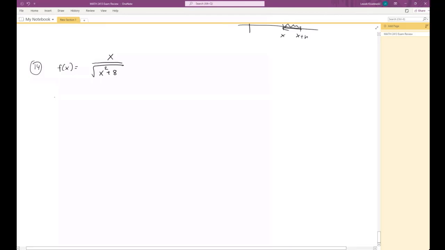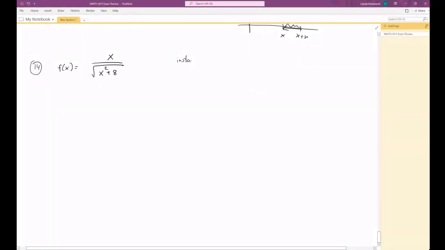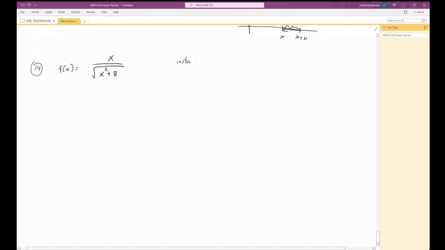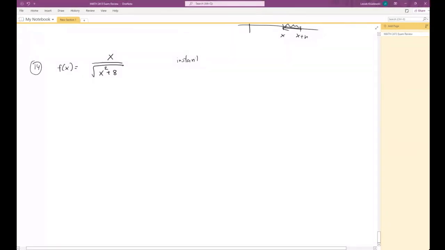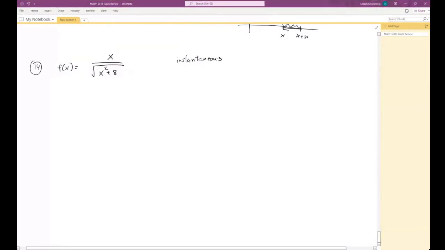So, okay, this problem could be stated a couple of ways. What is it? The instantaneous rate of change. Somebody help me out with spelling. Oh yeah, instantaneous. All right. Rate of change.